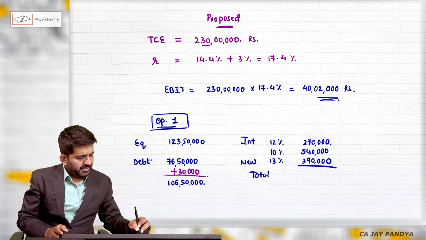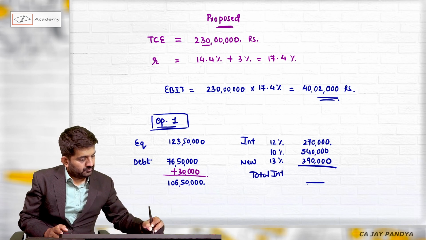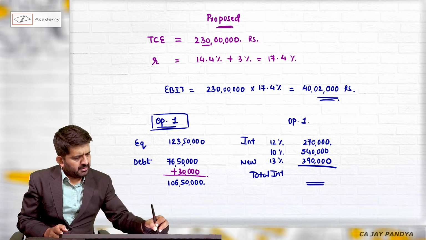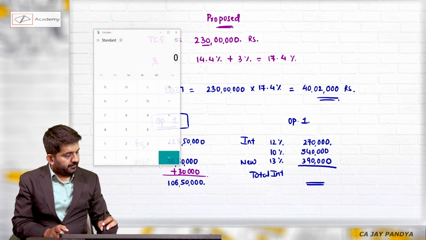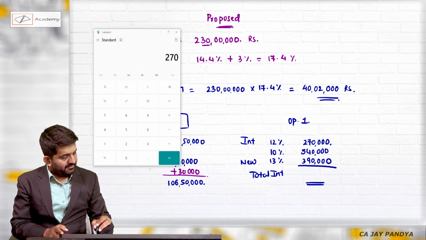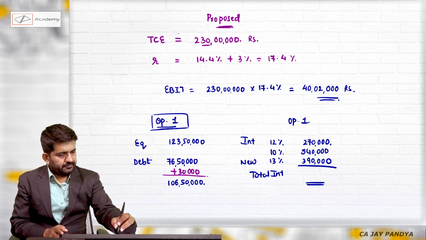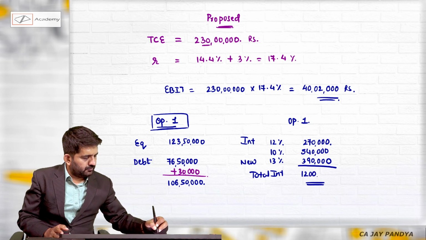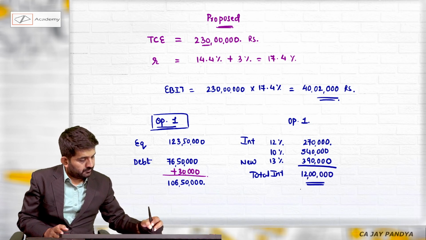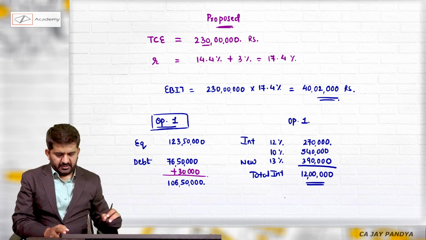So this will be my total interest in option number 1, which will be 2,70,000 plus 5,40,000 plus 3,90,000. That will be 12 lakh rupees.